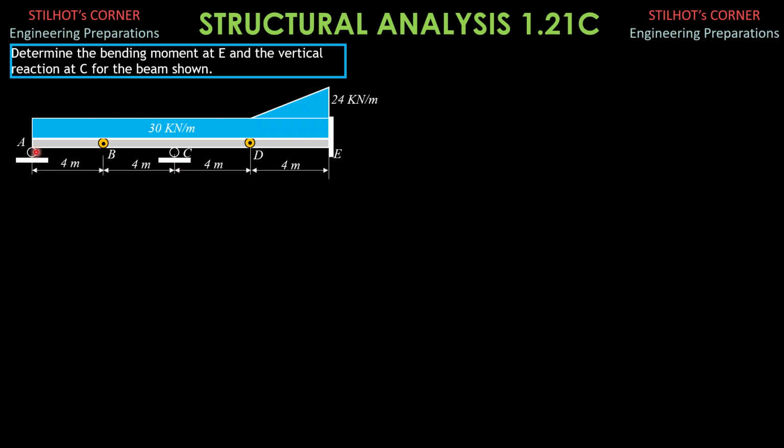So R, the number of total reactions: 1 here plus 2, so 3, plus 1, 4, plus 2, 6, plus 3, 9. And there are three parts or three free body diagrams, AB, BD, and DE.